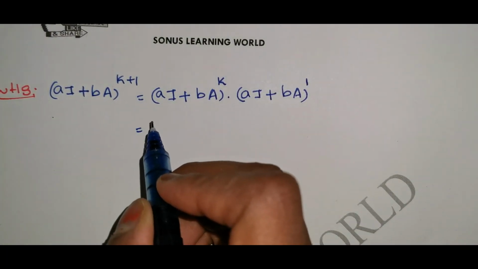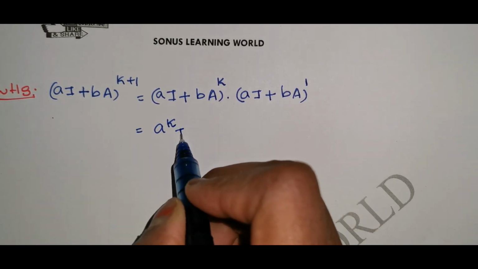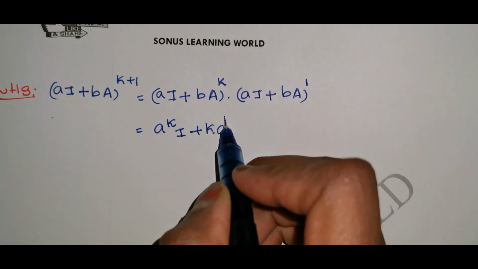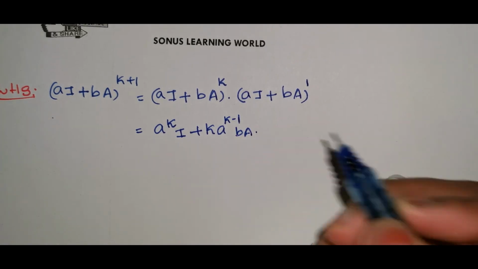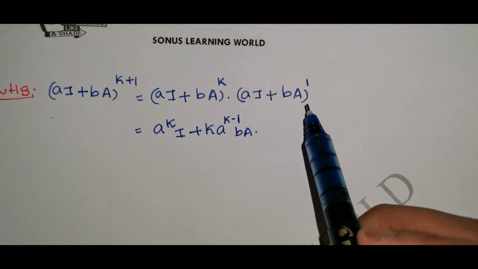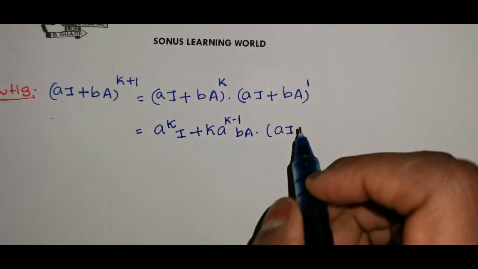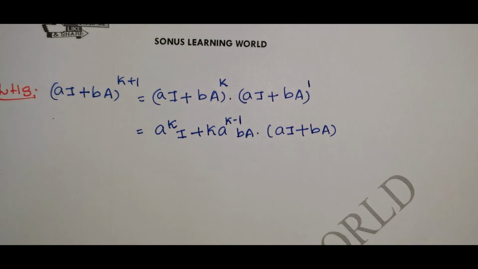So here we can write a raised to k i plus k a raised to k minus 1 ba, into this particular term, that is (ai plus ba) the whole raised to 1, that is ai plus ba only.